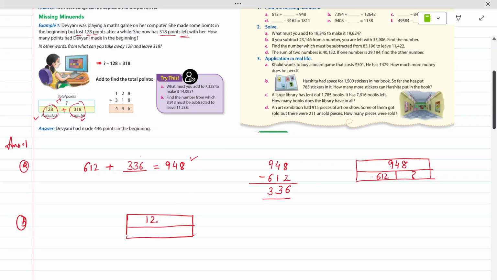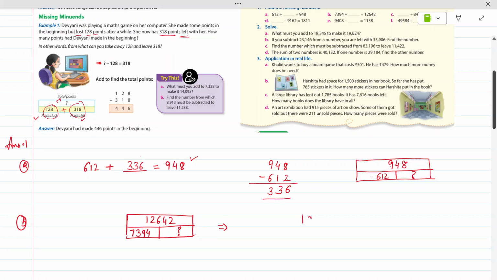12642, this is the total sum. Now one of the numbers is 7394, and we have to find this number. So how can we do this?